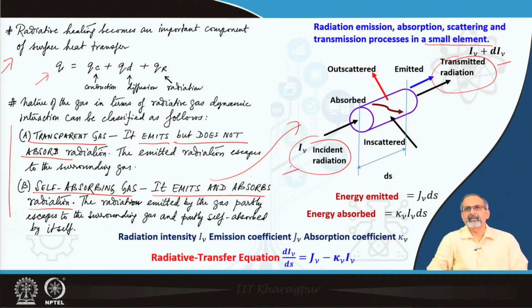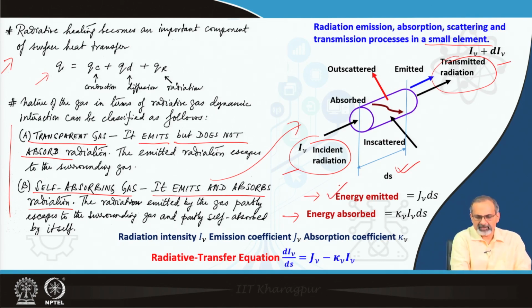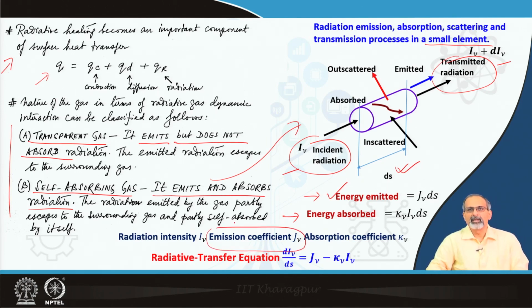Through the incident and the transmitted part, we talk about a few terms which can explain the phenomena to some extent. If we have a small element of length ds here, the energy emitted is calculated using this expression J_nu ds, where J_nu happens to be the emission coefficient, nu is the frequency at which the emission is taking place, ds of course is the length of the element.